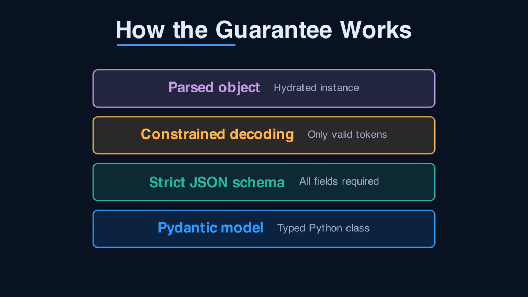The raw JSON comes back, and finally the SDK validates and hydrates it into your Pydantic instance. One caveat worth knowing: strict mode does not support every JSON schema feature, so some advanced validators or unusual types may be rejected. Keep your models reasonably flat and you will avoid surprises.